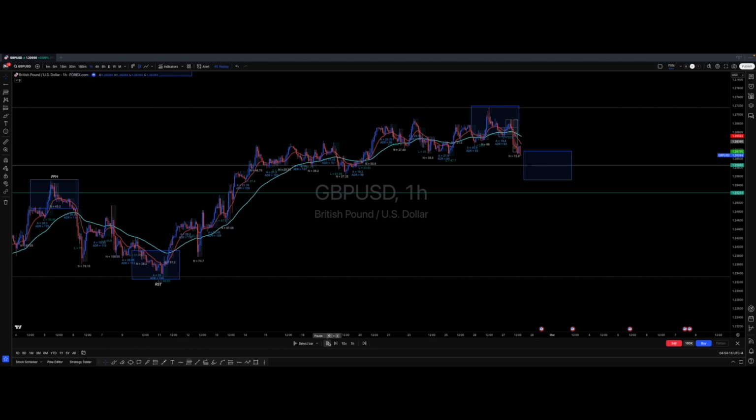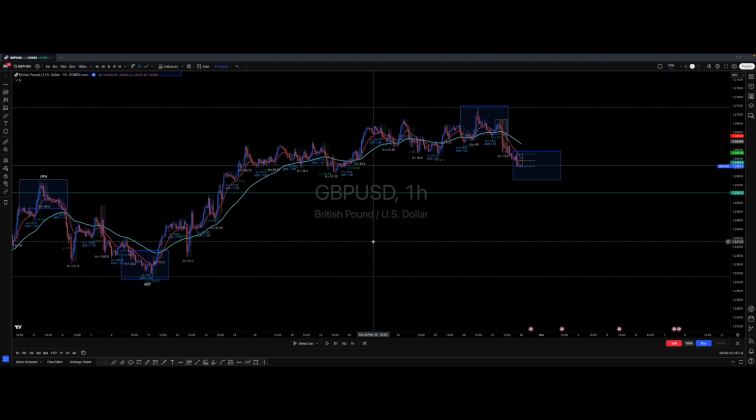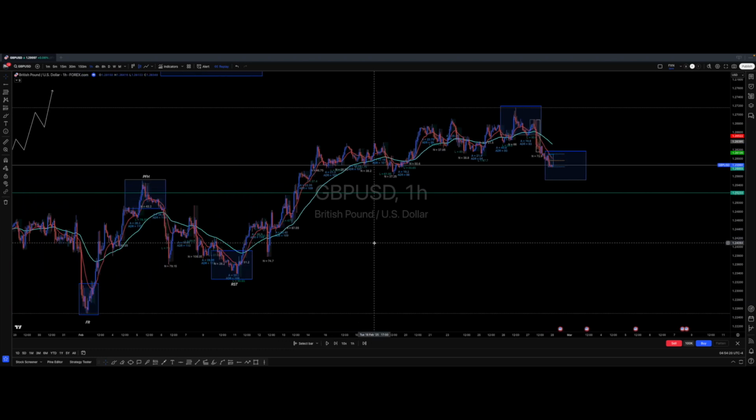So the point that I made earlier about every cycle being different is what you're seeing here. You see how from cycle to cycle the ADR changes, and you need to make sure that you adapt to that.